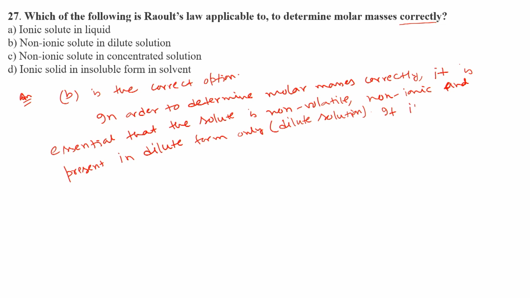If it is ionic, one has to account for the Van't Hoff factor, because it will dissociate.